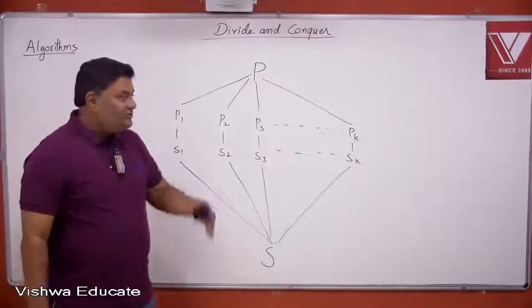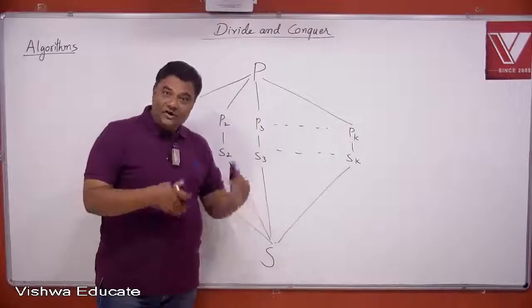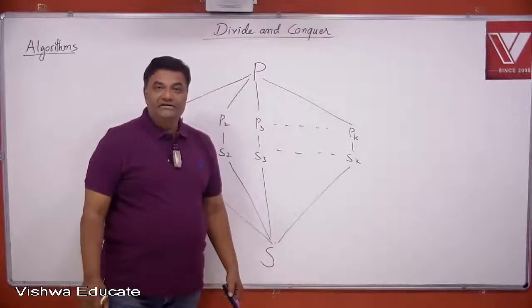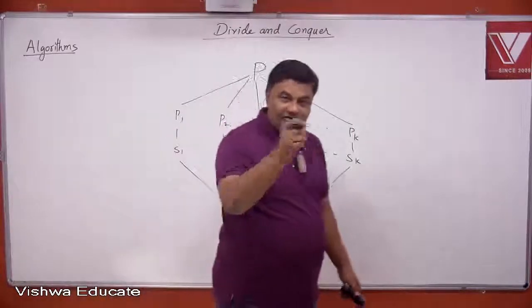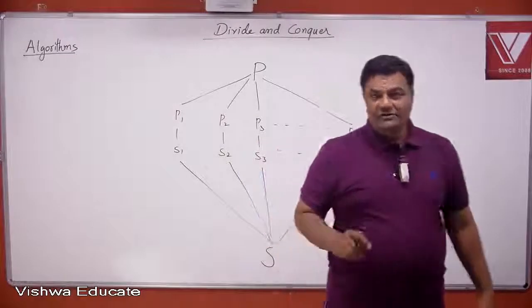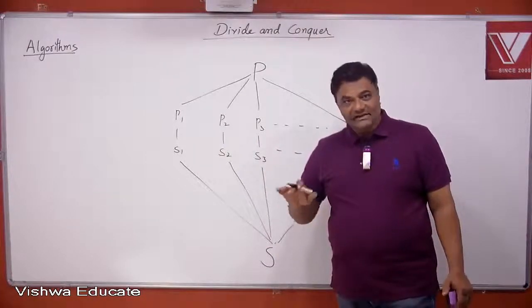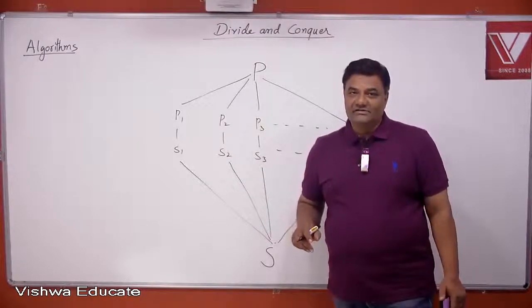So here you should be able to know how to divide and solve it, and also how to combine it. If this can be done on any problem, then you can follow the divide and conquer strategy for solving it.